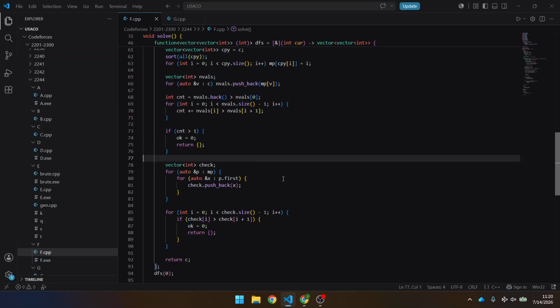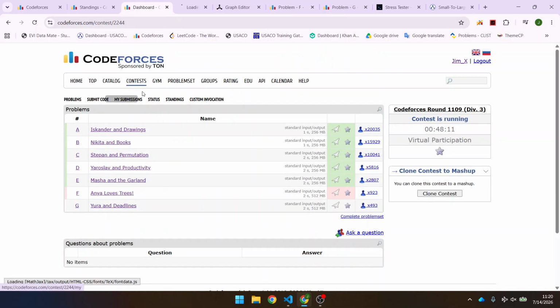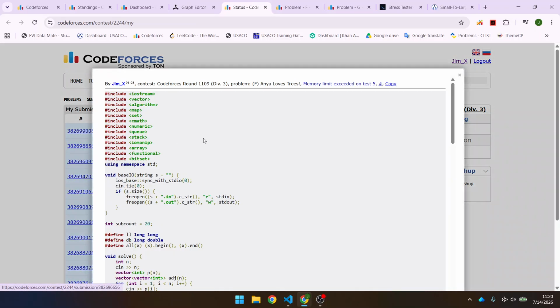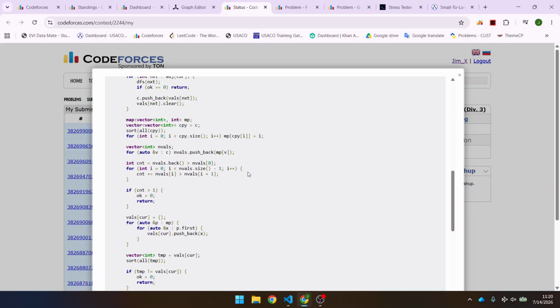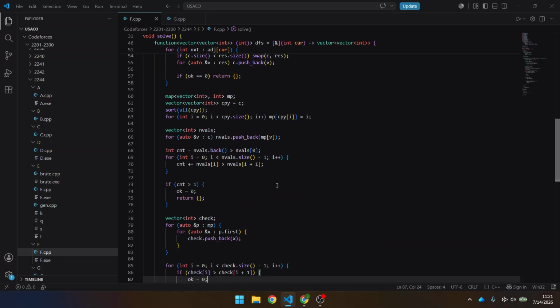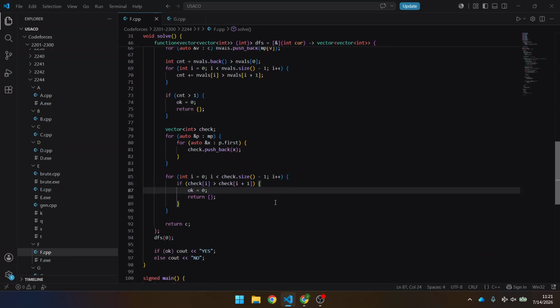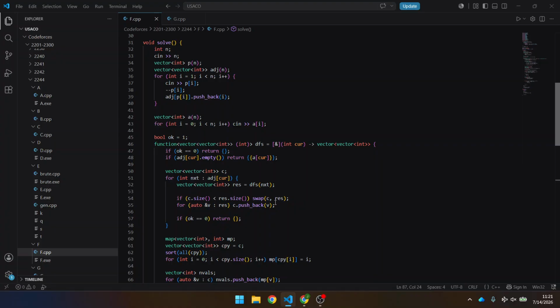Moving on to test two. Where is my code field? Just return vector ints.